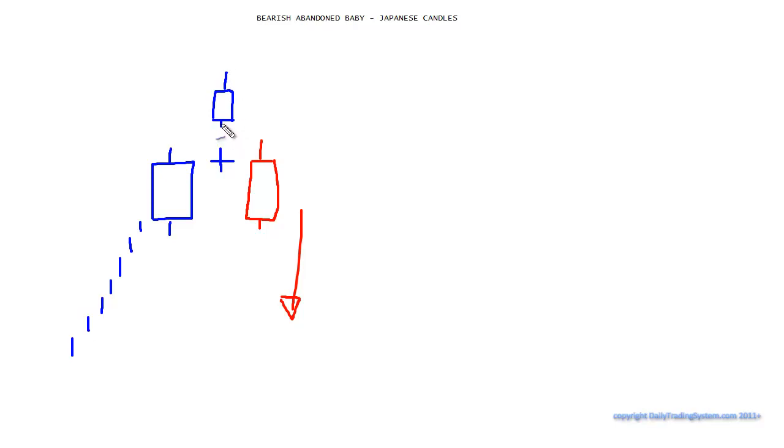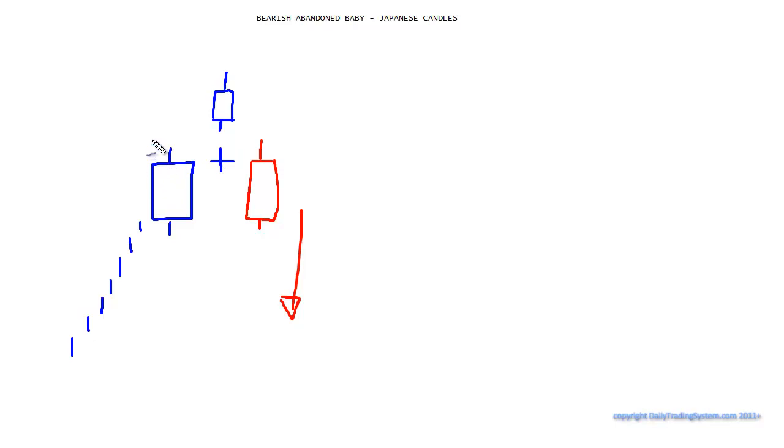The formations are going to look different, so you're looking at the Forex charts for a formation that looks like this without the star in there, and you go, oh, this doesn't turn up very often. It's true that the abandoned baby doesn't turn up that often, but with the Forex markets it's a little different.